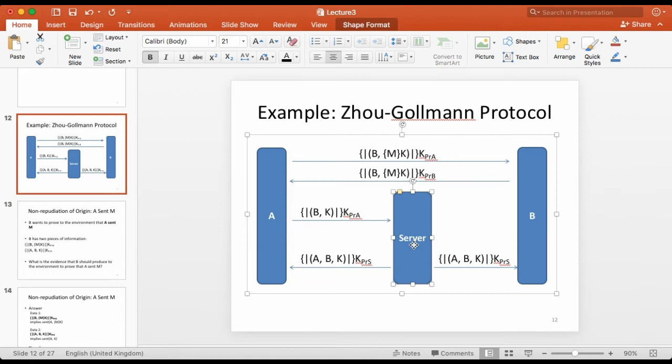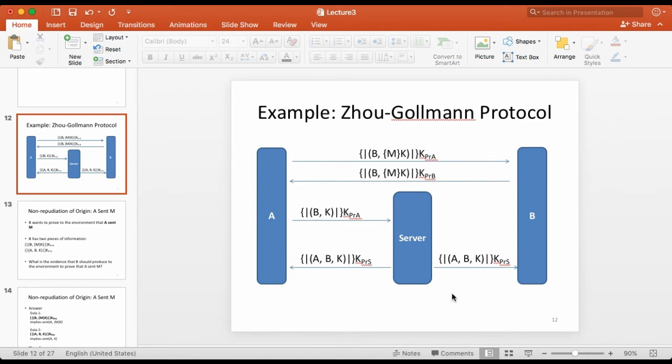Now, at this point, there are two events that can happen in parallel. And that's why I said it's a four-way handshake and not a five-way handshake, because really these two events are just one event that can happen in parallel towards either A or B. And what these two events are is basically the downloading of the key K from that server.